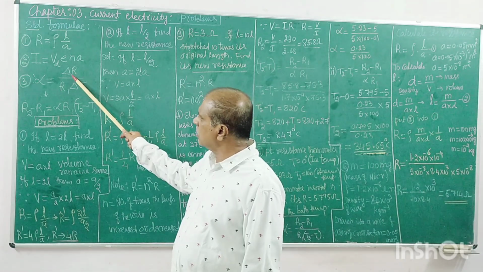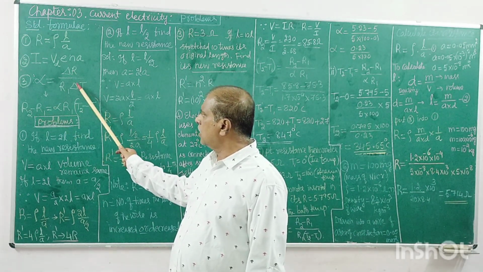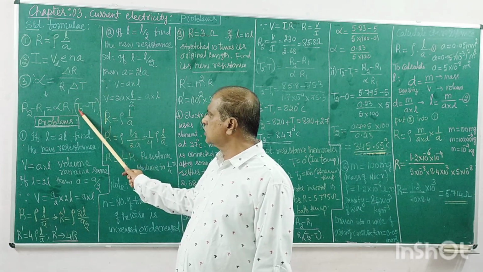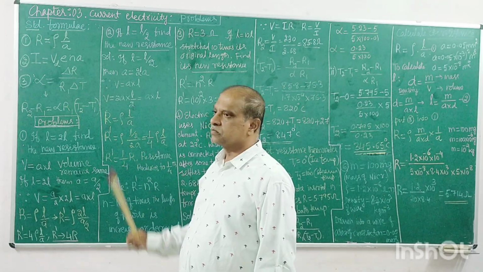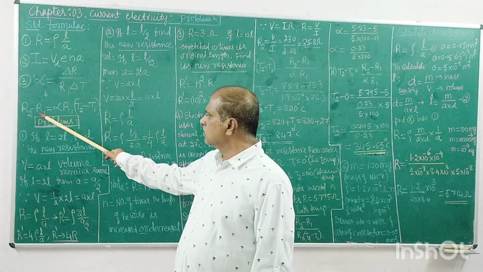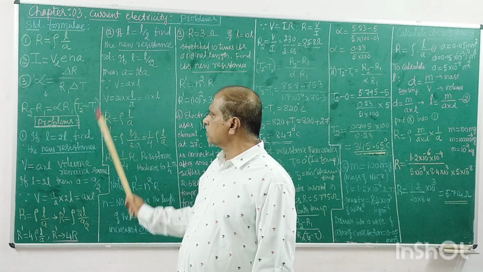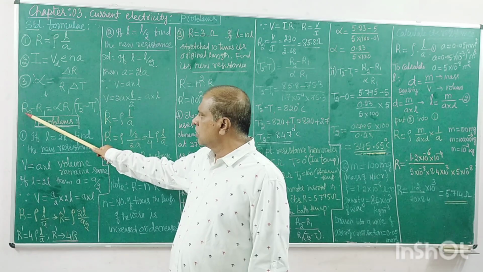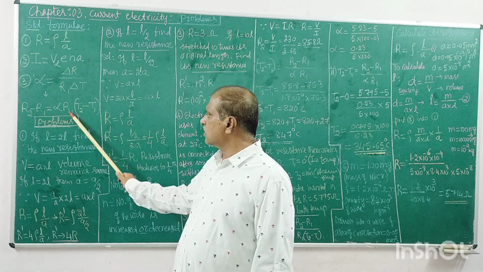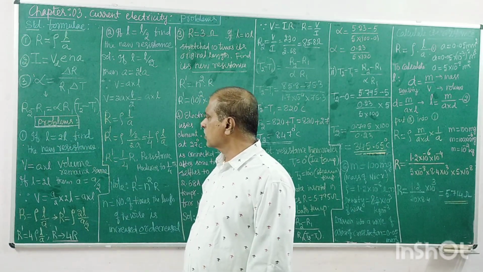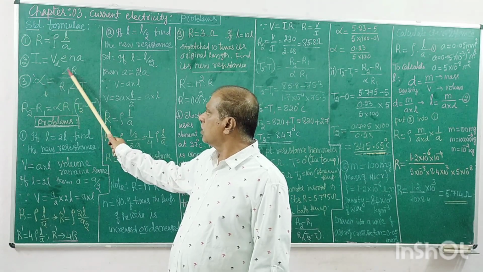That is delta R. It can be written as R2 minus R1, and delta T can be written as T2 minus T1. So it is rewritten as this, where R1 is the resistance of the conductor when the temperature is T1, and R2 is the resistance of the same conductor when the temperature is T2. This R1 remains the same, and alpha is the temperature coefficient of the resistance.